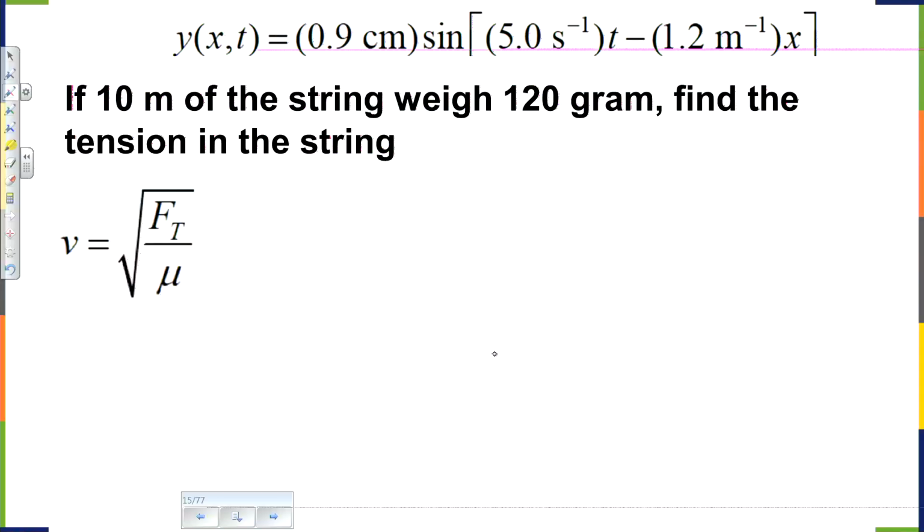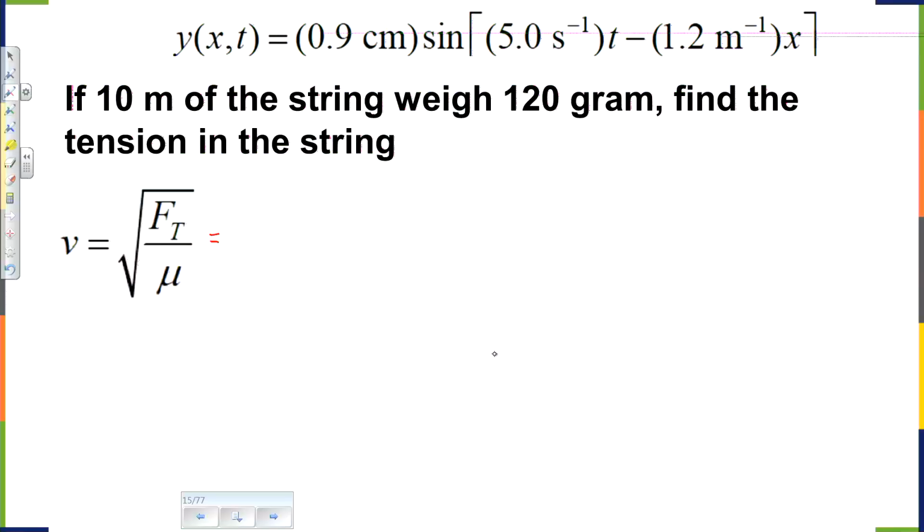Well, basically, it says, it just used white ink, but it says find everything. So we can use this equation for calculating the speed.